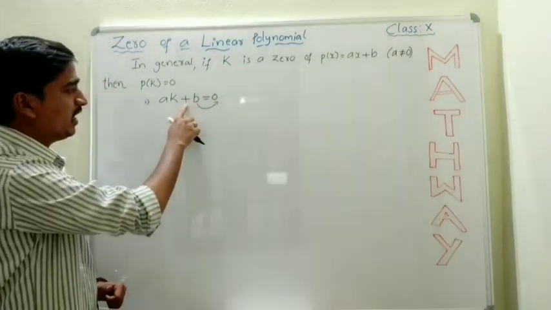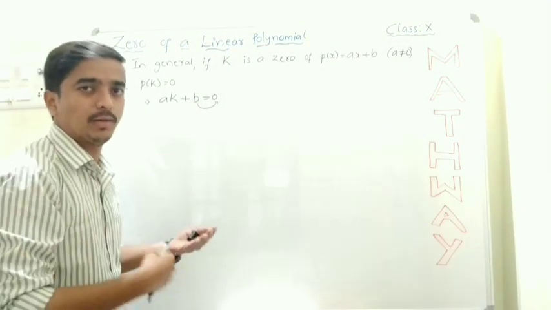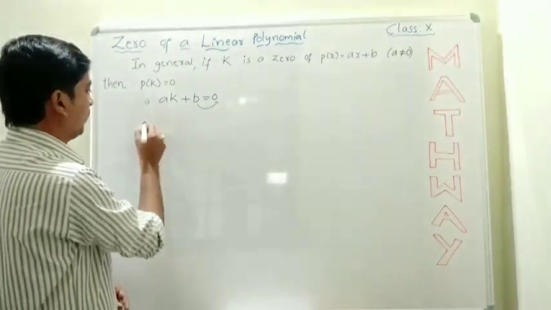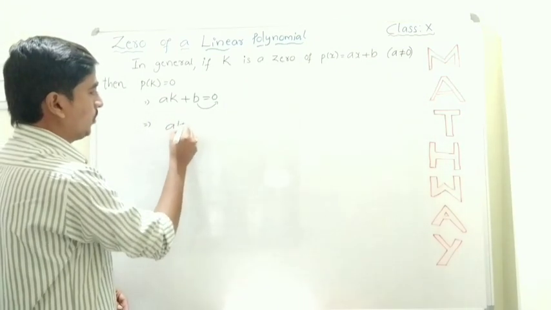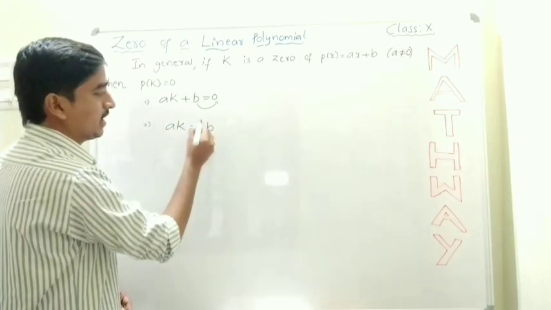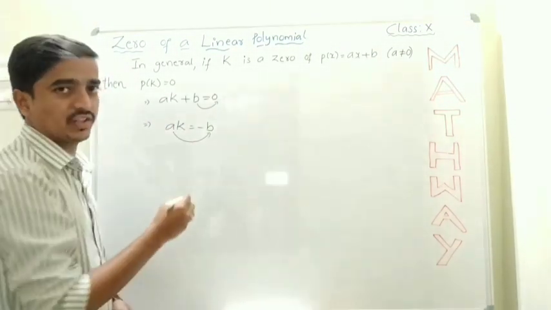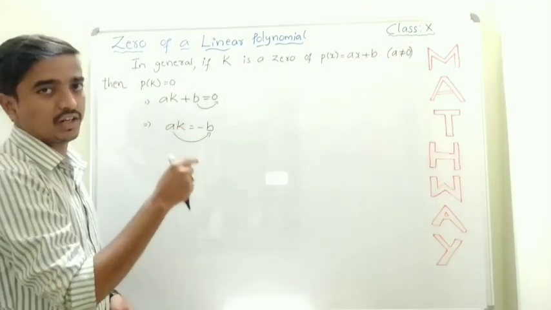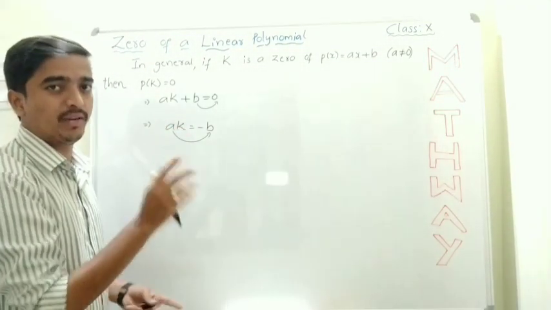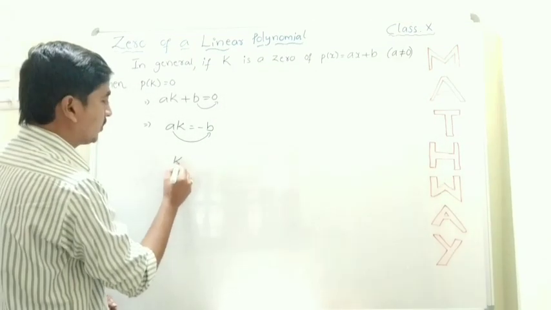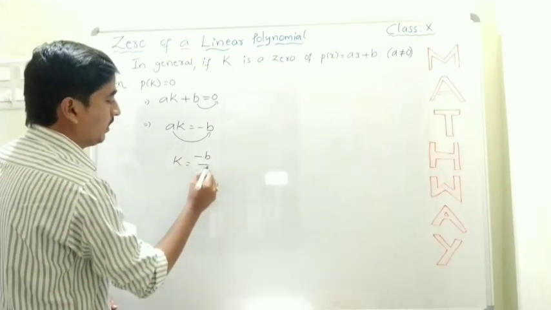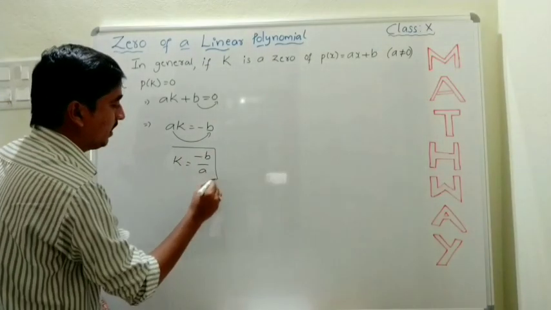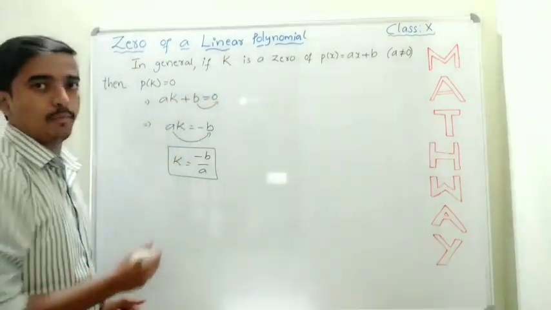Whenever we transpose plus b, it becomes minus b. Then ak equals minus b. Then after transposing a to the RHS, here a and k are in multiplication. If we transpose a multiplication term, it becomes division. Then k equals minus b by a. So minus b by a is the zero of the linear polynomial.